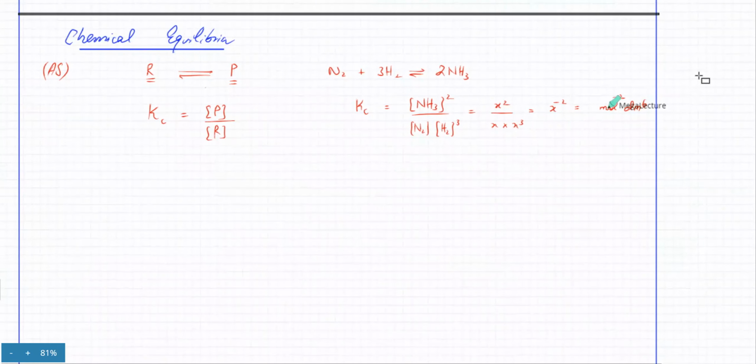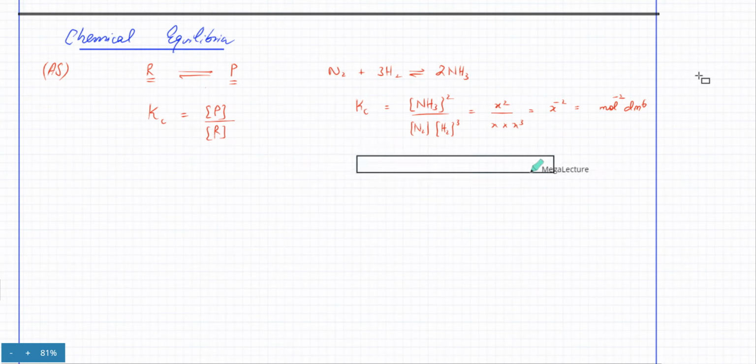You would get a few types of questions. The first type is where you're given initial moles. Let's draw a table quickly.